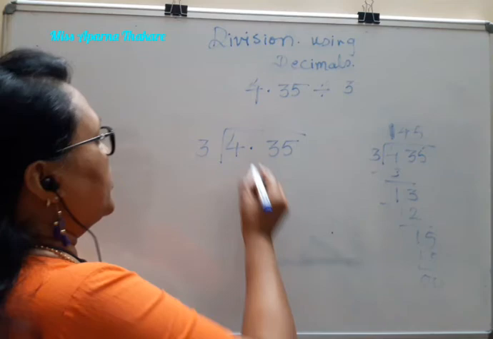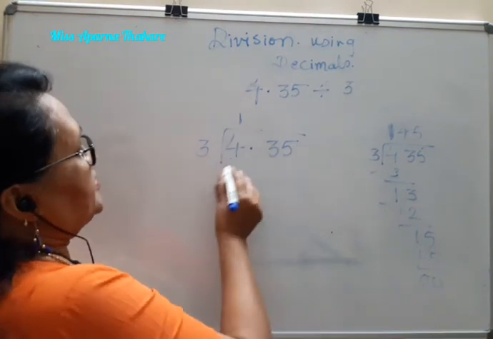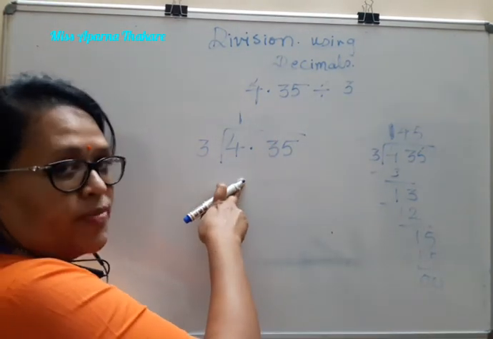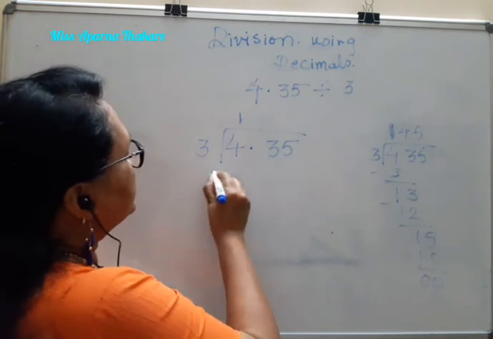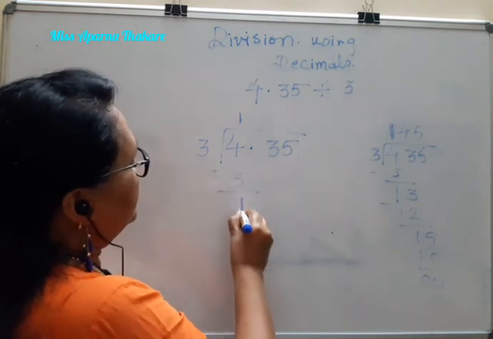Now, 3 ones are 3, because 4 minus 3 is 1.